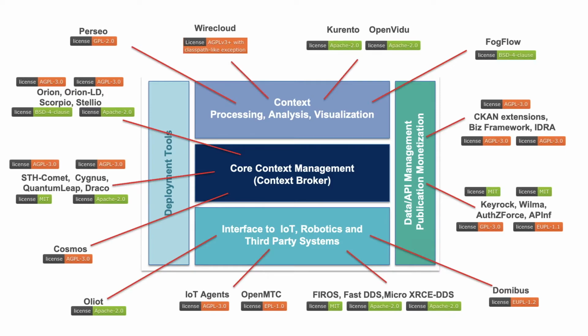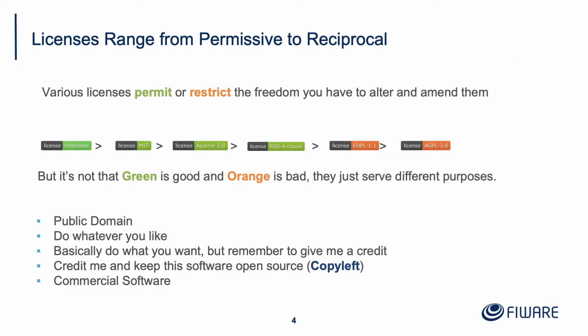You can see there's a range here from the unlicensed license, which is actually a definition of falling into the public domain, across to the AGPL, which we'll go into a bit later, which is much more restrictive.